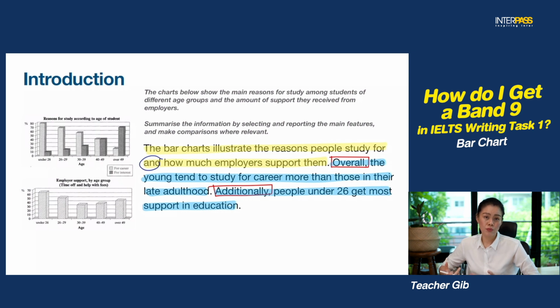But in this case, we don't have the years, so we don't put the year. We just put what happened. It says the bar charts illustrate the reasons people study for, which is the first graph, and how much employers support them.